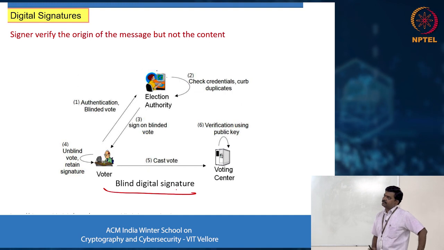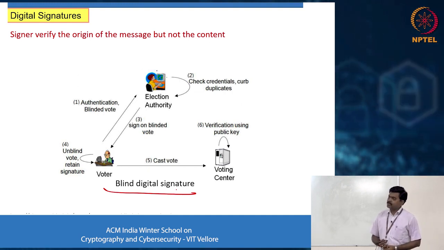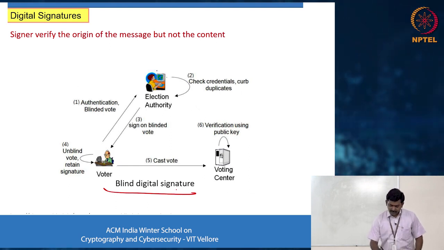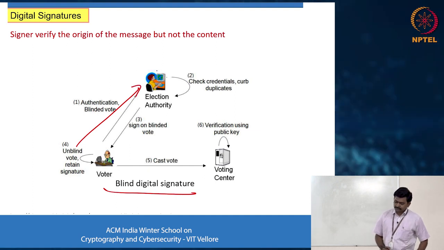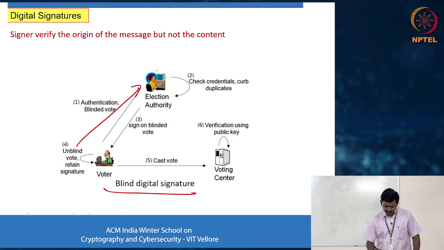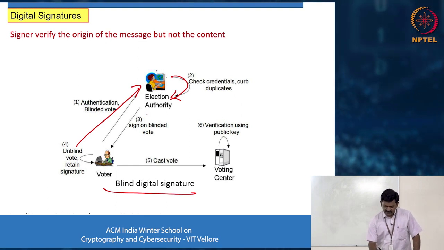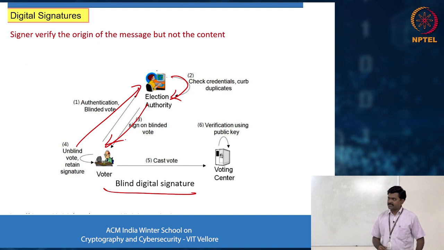Take an example: I want to vote. I go to the election authority asking for authentication and saying that I want to make a blind vote. The authority checks my credentials and then signs on the blind vote, saying that yes, he's the guy who can cast the vote.